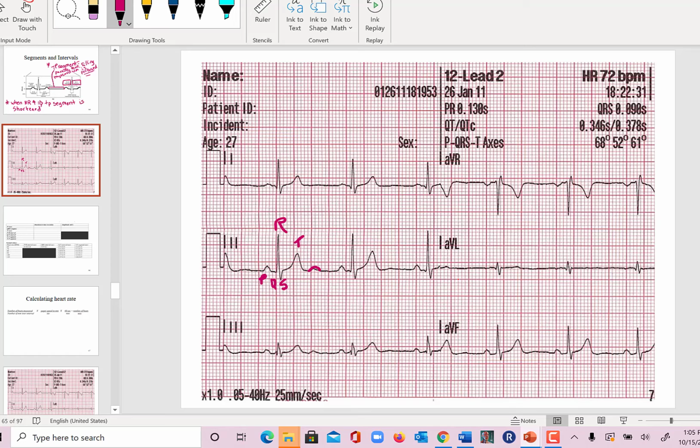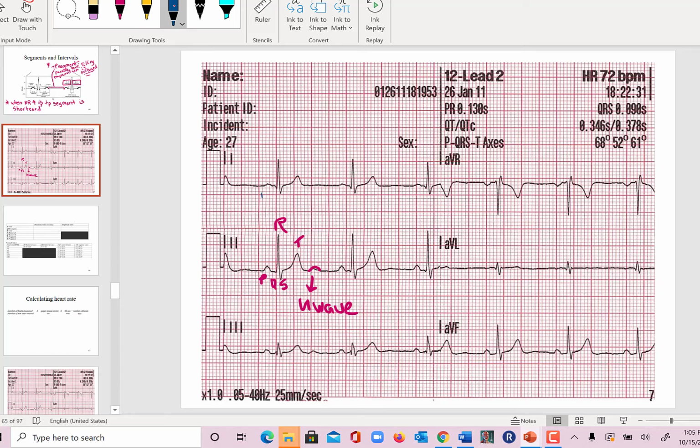Huh, that's a U wave. I'll explain what a U wave is in just a moment. So let's not use lead 2. Let's use lead 1, because lead 2 has this U wave, and I'm going to talk about that in just a moment.